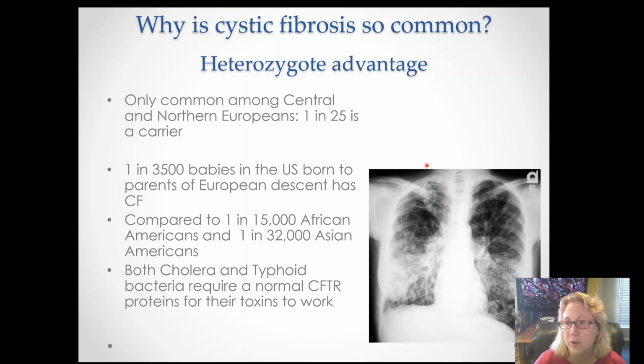So the question was then, is this some sort of heterozygote advantage? Well, it just so happens that the cystic fibrosis protein is the binding site for toxins of cholera and typhoid. So this has led to the hypothesis that the heterozygote advantage here is that if you're heterozygous for the cystic fibrosis allele, you would be more likely to survive a childhood bout of cholera or typhoid, both of which are bacterial infections.